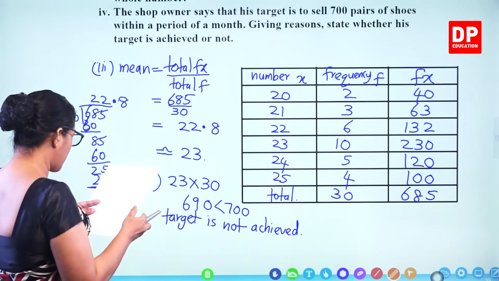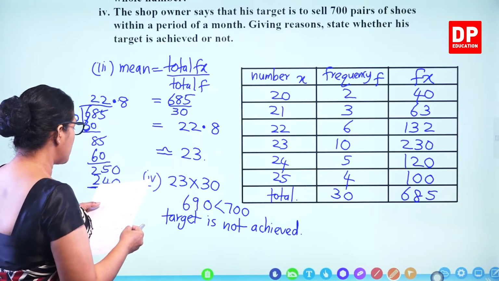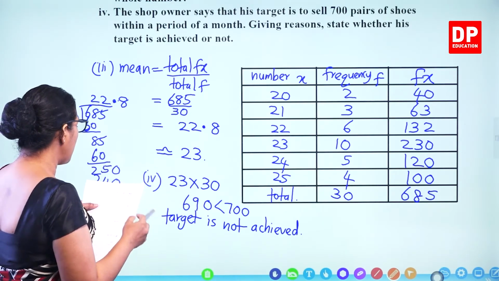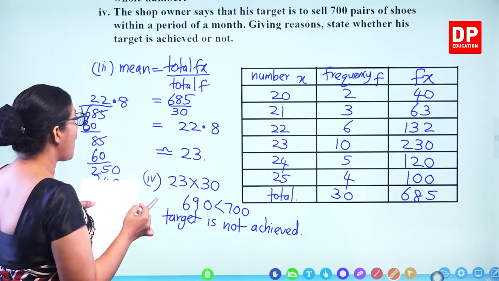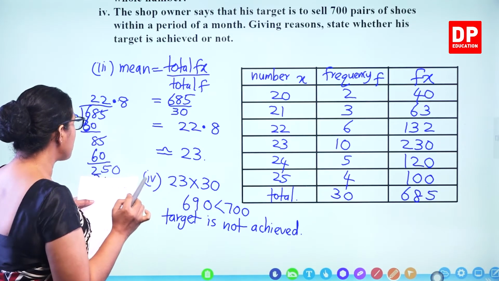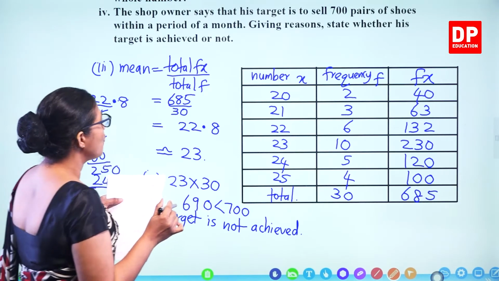So how many marks? So this one we gave 2 marks. So finding mean, you get 6 marks for that. How you get marks?